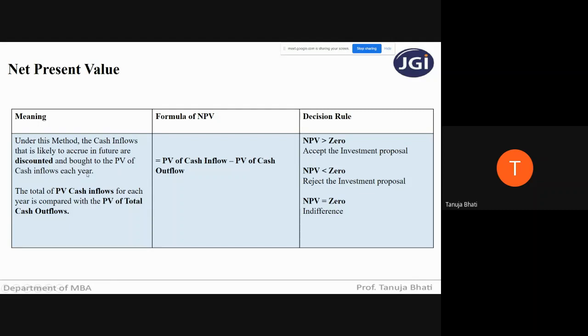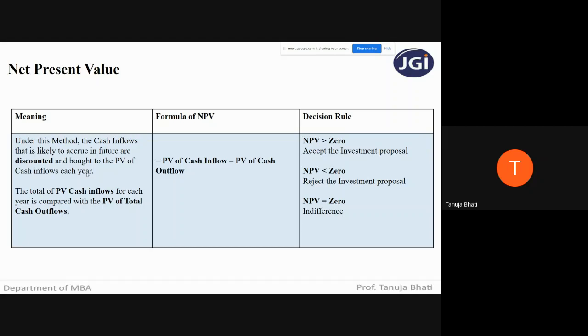What happens here is simple: when I make an investment today, it is my cash outflow. But this outflow will fetch me returns over a period of time. After 1 year, 2 years, or the life of the particular investment, I will be getting returns. Those returns become my cash inflow.